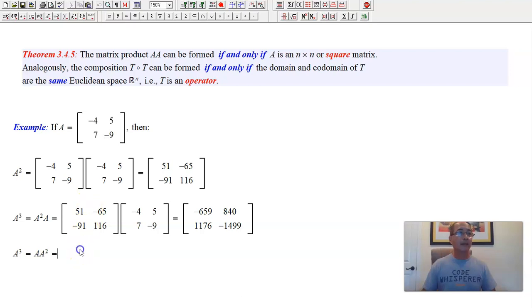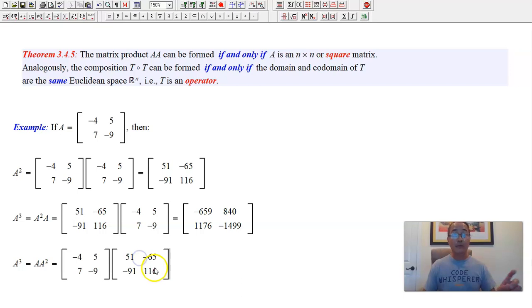So here's our A, and the A squared is over here. So reverse the order, and do we get the same answer? Yes, of course. So you can compute A cubed in two different ways.